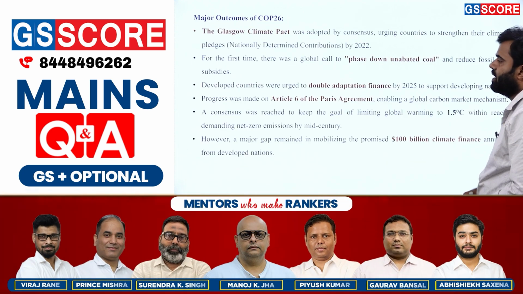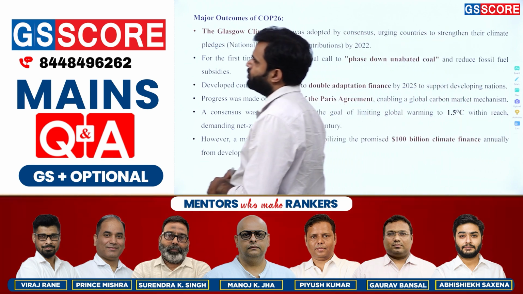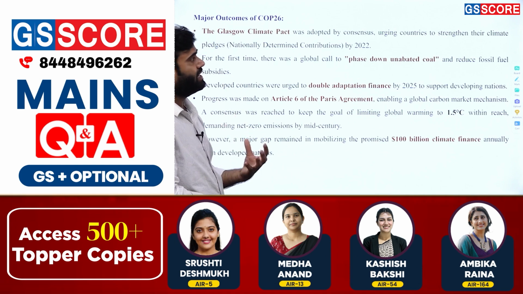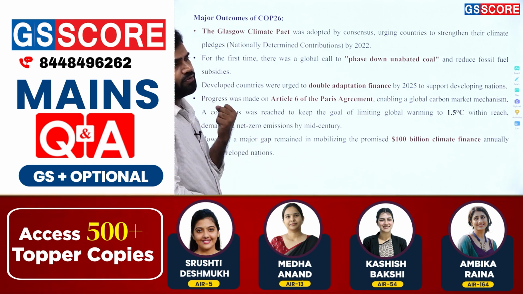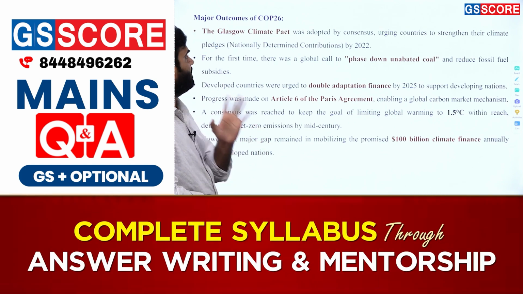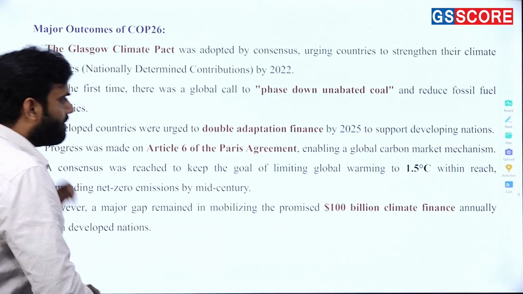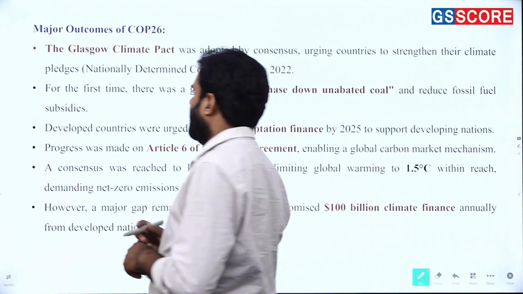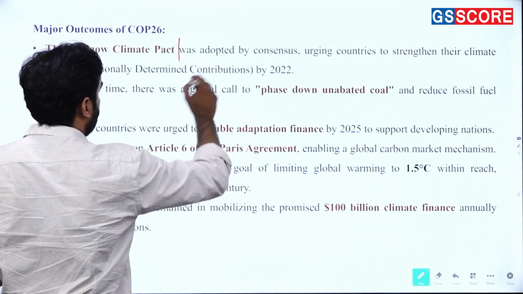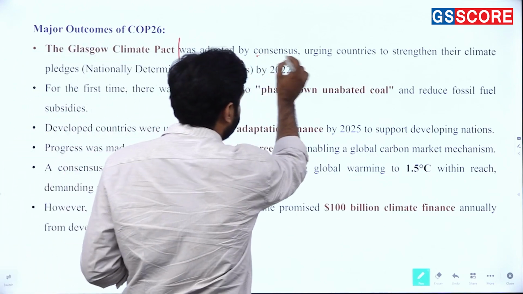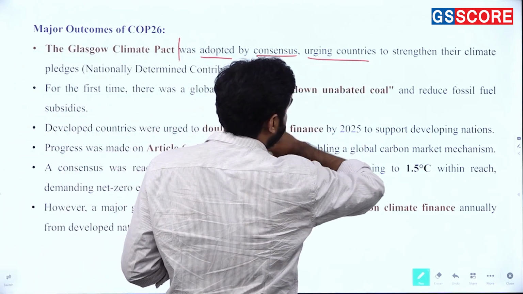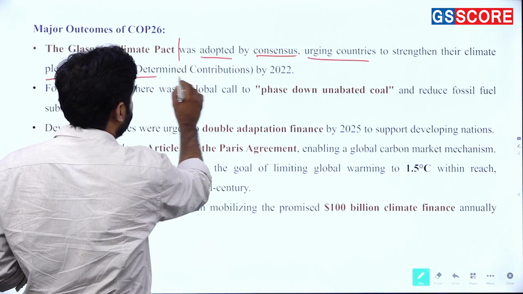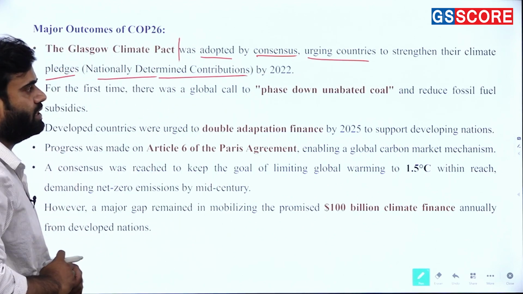The major outcomes of COP26, you can easily find, ठीक है, the major outcomes of the Conference of Parties 26. This is the first point I mentioned. Number one, the Glasgow Climate Pact was adopted by consensus, urging countries to strengthen their climate pledge, nationally determined contributions, by 2022.